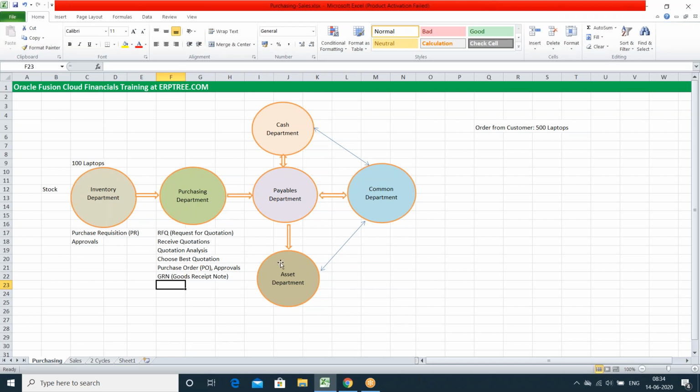Based on the purchase order, we'll get the material from the supplier and we have to record the goods receipt note. After receiving the material, if there is any damage, say you received 400 laptops and 2 laptops got damaged, the purchase department will keep in touch with the vendor and get involved in the purchase returns.